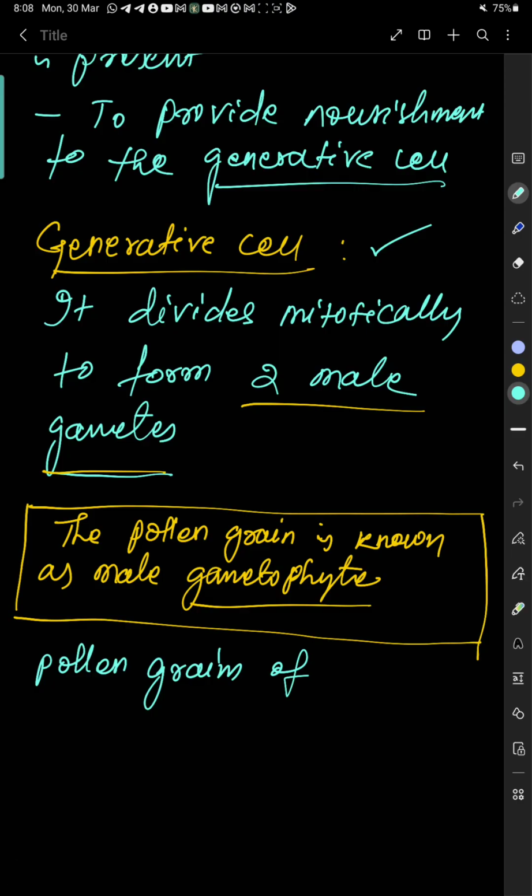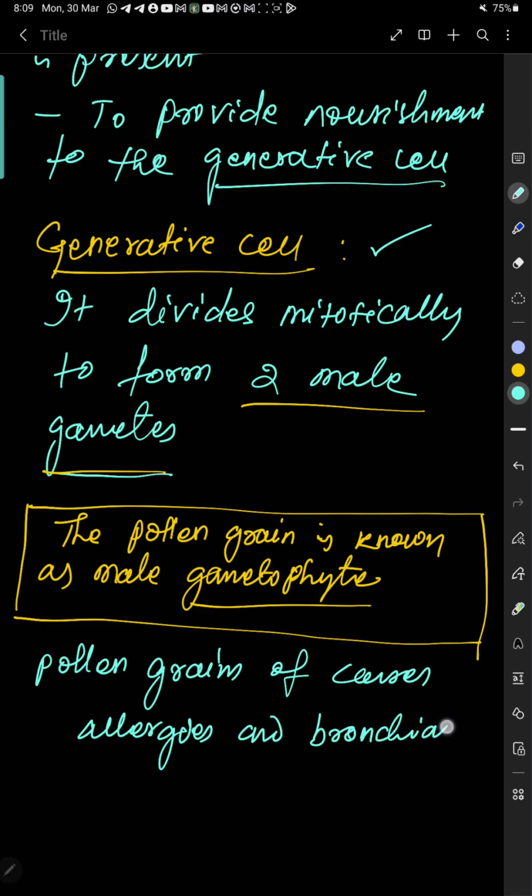The allergies cause bronchial affliction. Okay, bronchial inflammation, secretion of mucus from the bronchus, the bronchus swells and we feel difficulty in breathing.